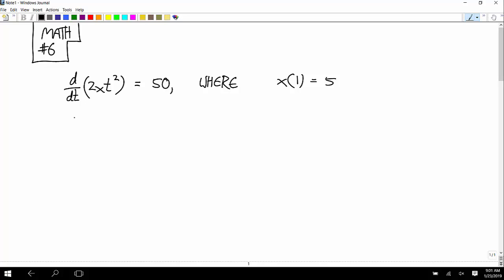So you get 2x dot times t squared plus 2x times 2t, so 4xt. And then that's equal to 50.